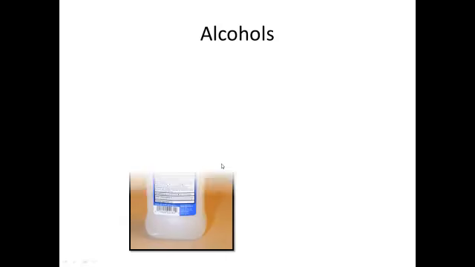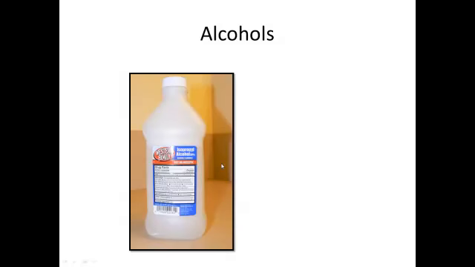On to the alcohols. You're familiar with isopropyl alcohol, rubbing alcohol, in its use as an antiseptic, in its use on human skin. Okay, it's highly effective. It's really quite good as an antiseptic, not so good as a surface disinfectant.